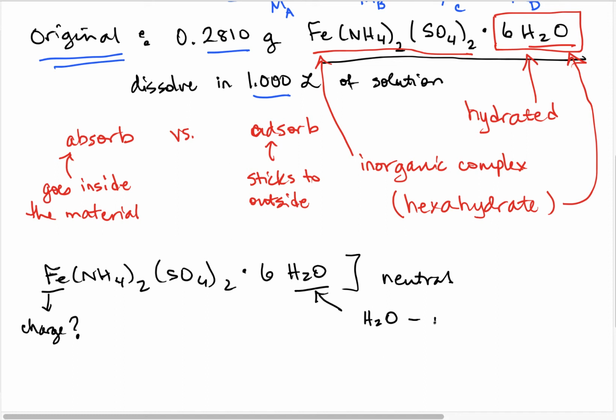So this also is neutral. There is no charge on a water molecule. What about this guy? This is sulfate ion, and it is SO4 2-. So each one of these guys has a 2- charge, and there are 2 of them. So 2 times -2 has so far a charge of -4.